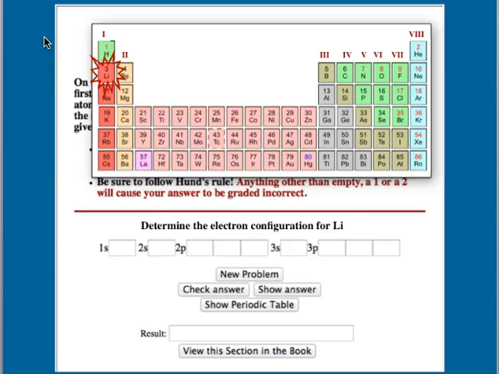It has 2 electrons. Our 2s is here. We have 1 electron in the 2s. So we're going to enter this. I'm sorry, 1s has 2, and 2s, that's this guy, only has 1.